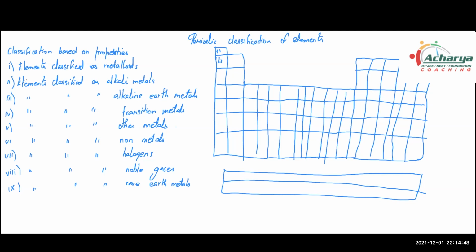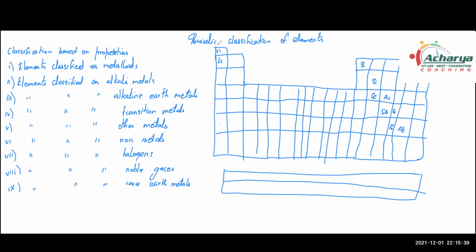So the metalloids would be the ones over here: boron, silicon, germanium, arsenic, antimony, tellurium, polonium, and astatine.